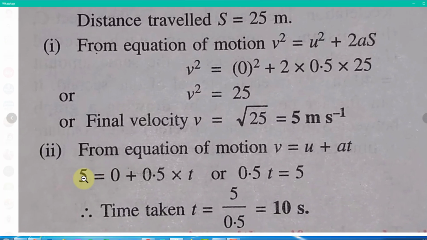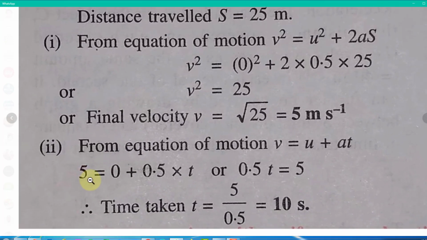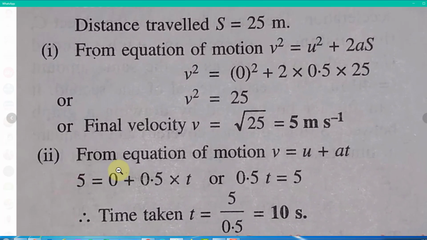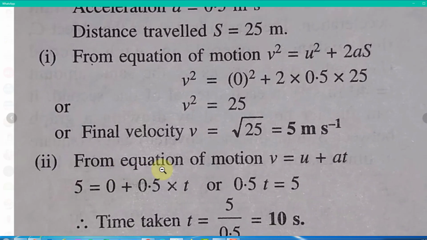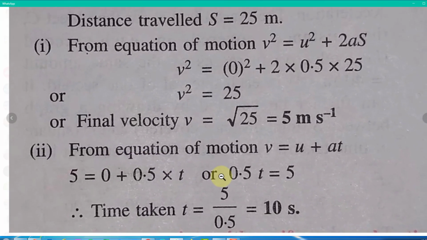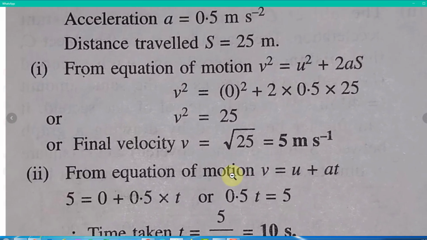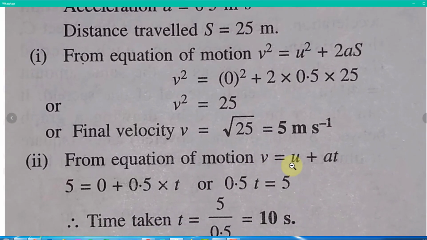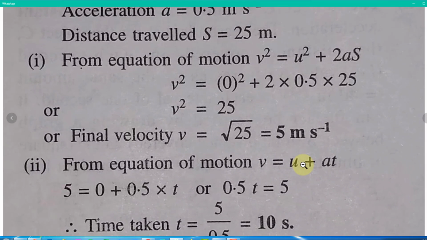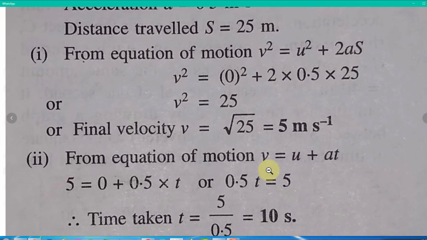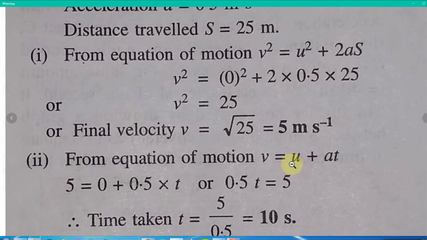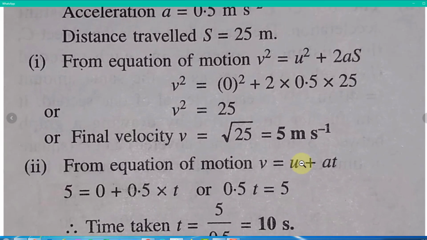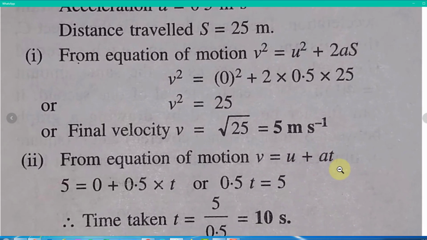Now, second, what you have to find? Time taken. Now for time taken, which equation will we use? Here it is better to use the first equation of motion, V is equal to U plus AT. Now we have V final velocity, U we know is 0, A we know, time we have to find.